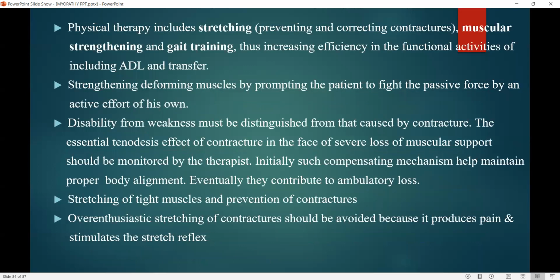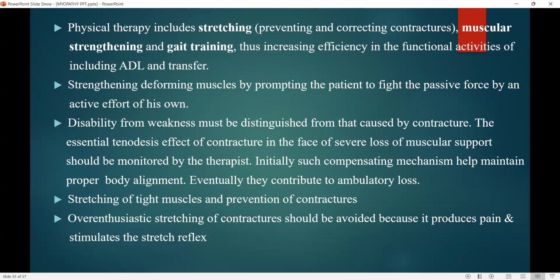The physical therapy includes stretching, muscular stretching, and gait training, thus increasing the efficiency of functional activities including ideal and transfer. Strengthening deformity muscles by performing: the patient fights the passive force by an active effort of his own.